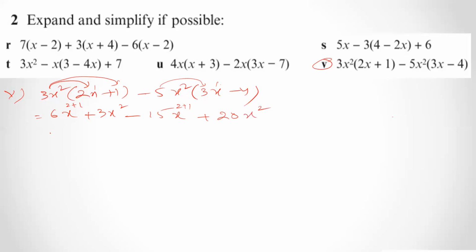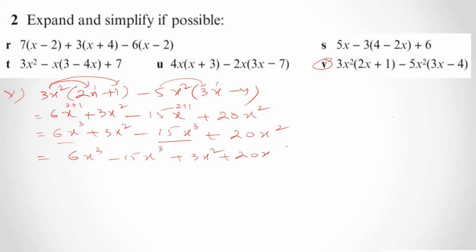Now here we simplify it. 6x power 3 plus 3x square minus 15x power 3 plus 20x square. Now we regroup the like terms. 6x power 3 minus 15x power 3 plus 3x square plus 20x square. Now we add them together.